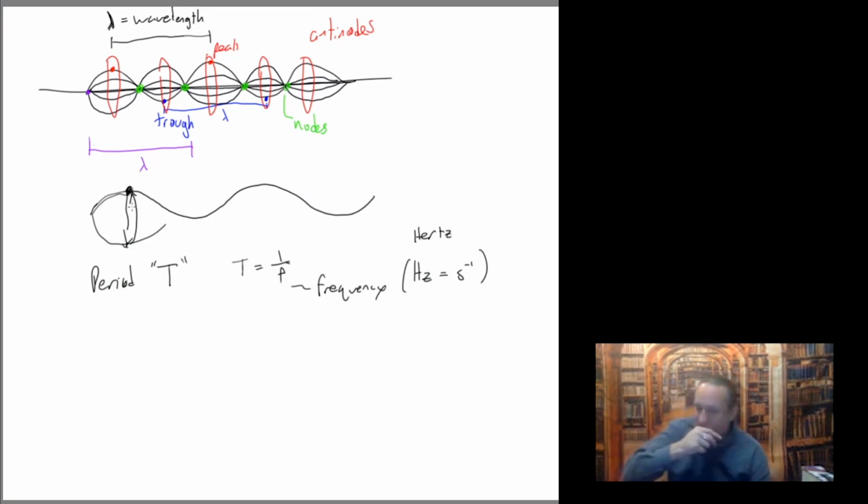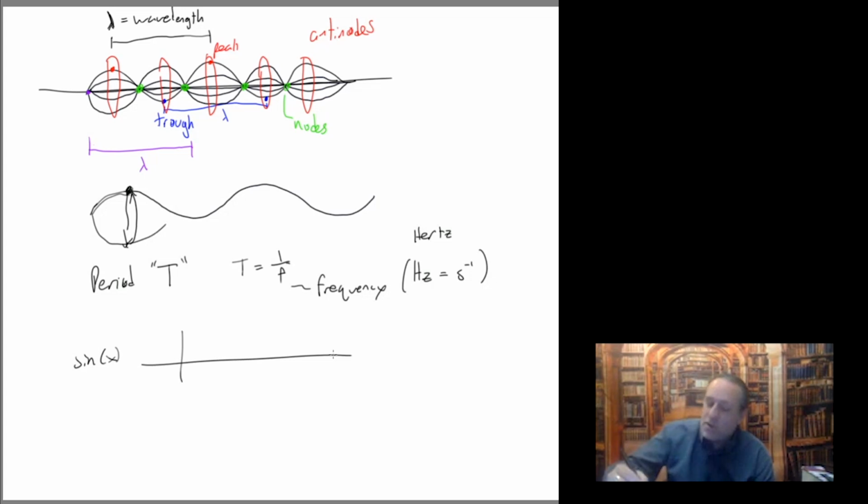Okay, so finally, how are frequency and wavelength related? Oh, Christina, question? Is that definition of period just the same as the sine, cosine, tangent period, or does it mean something different? So if you have something like sine of x in math class, the period of the oscillation, it's a little confusing.